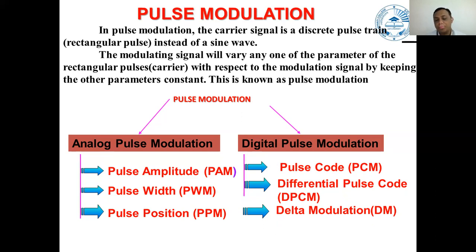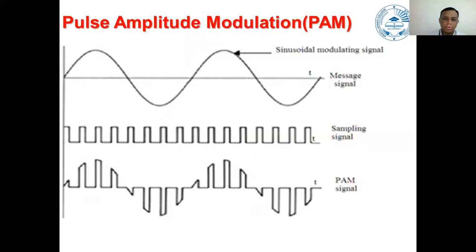Digital pulse modulation can be further classified into pulse code modulation, or PCM, differential pulse code modulation, or DPCM, and at last delta modulation, or DM. In this session, we are going to discuss the analog pulse modulation techniques: pulse amplitude modulation, pulse width modulation, and pulse position modulation. We'll take the first type, pulse amplitude modulation.